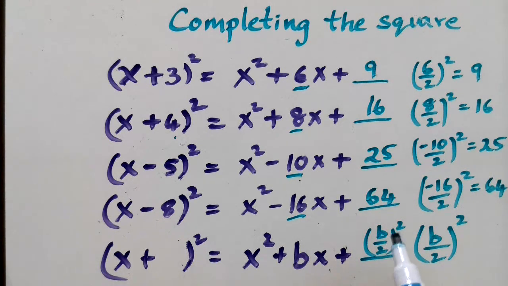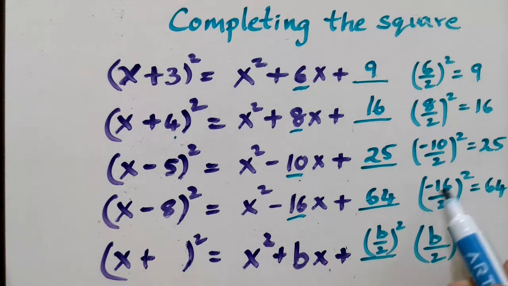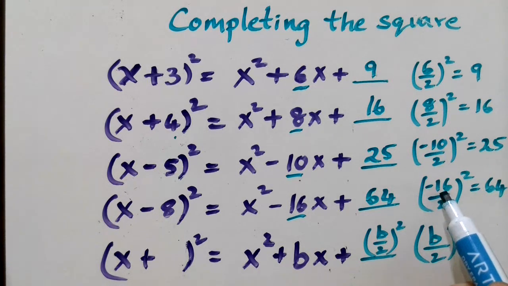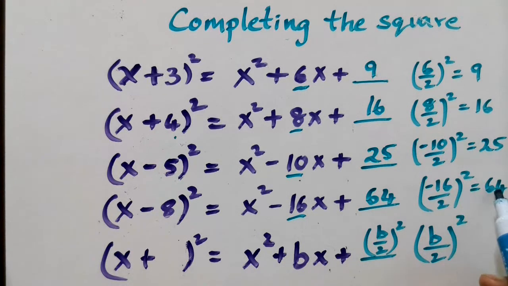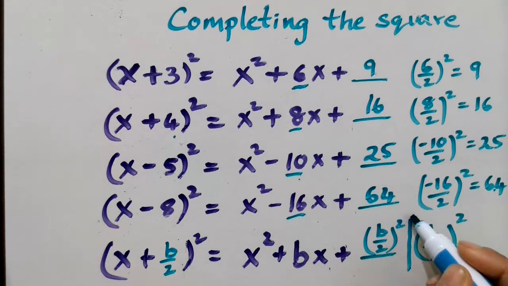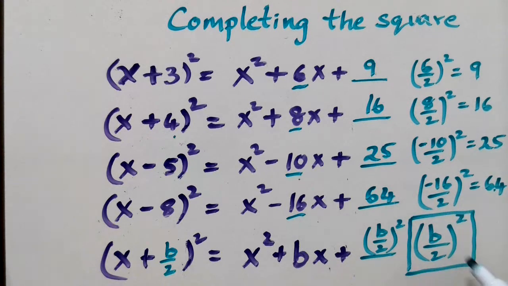Negative 16 divided by 2 is negative 8, and negative 8 squared is 64, and negative 8 is the number we had inside the parentheses. So the number inside the parentheses is b over 2. So (x + b/2) squared is x squared plus bx plus (b/2) squared. So in order to complete the square, you always take the coefficient of x, divide by 2, and square it.